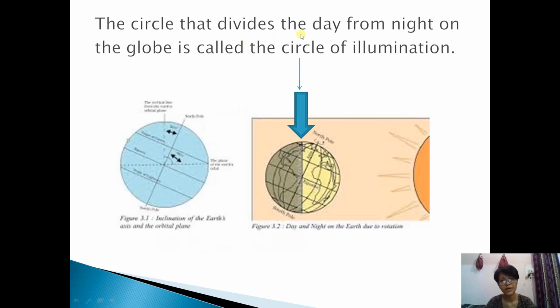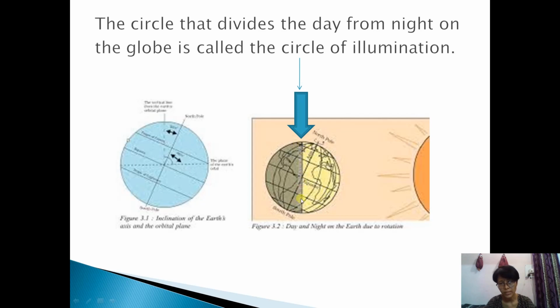The circle that divides the day from night on the globe is called the circle of illumination. Here I'm showing a picture of the circle of illumination. You see the true center of the earth; it is not really a line but a circle, because of the sphere of the earth.